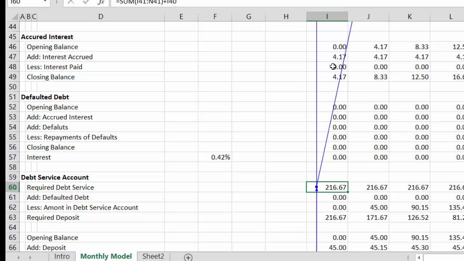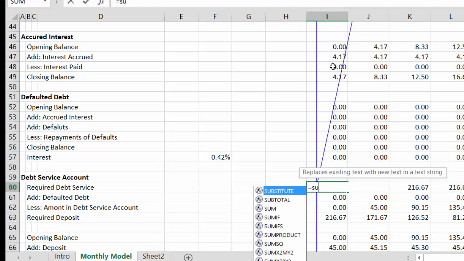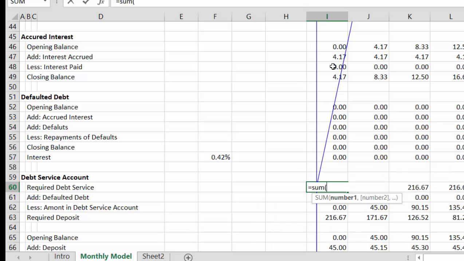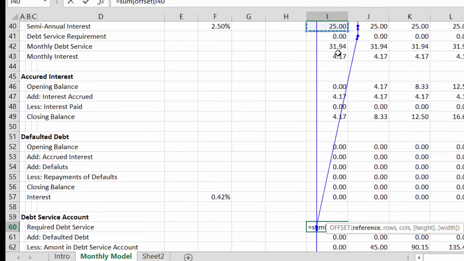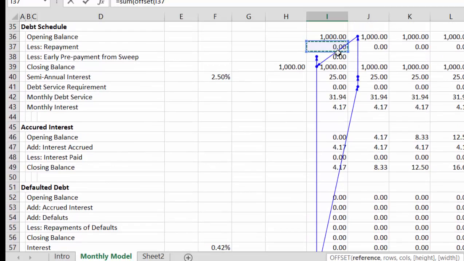Now, the reason this worked is because I used a simplistic sum, and the sum went too far into the future. Now, if we are a little more creative, and we realize that we put an offset sum, and we limit this to this period, and the way we limit it to this period is we go to our debt service and we say, okay, I'm only going to account for two things.